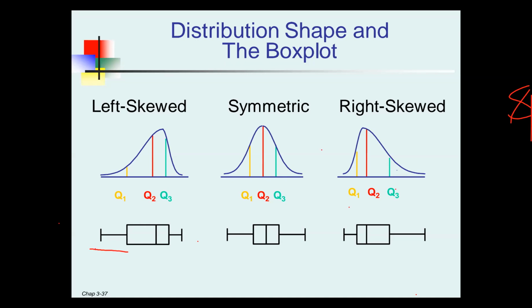What it means is that the distance from the smallest value up to the center, the median, is longer than the distance from the median up to the last value, which is shorter. You will see that the data is highly distributed to the left.